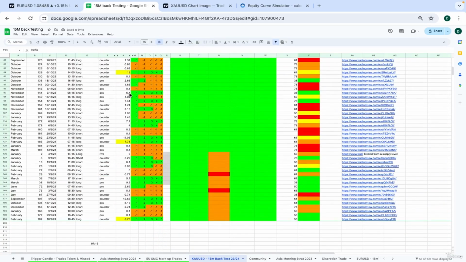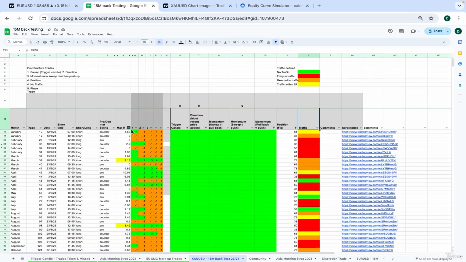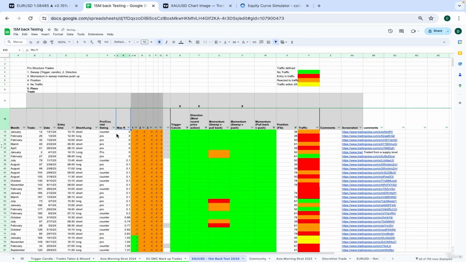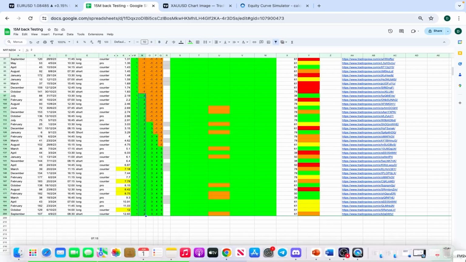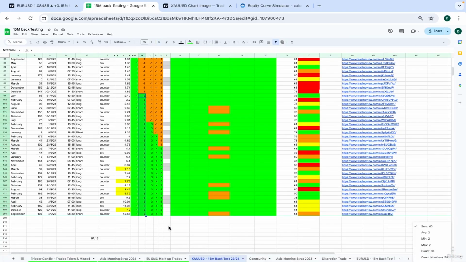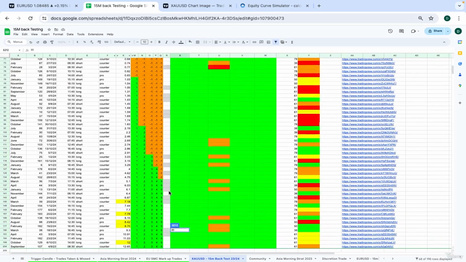What you can also do then is work out your hit rates as well. So let's just, for argument's sake, say 2R. I'm just going to do a quick calculation. So 60 count, so 30 wins.